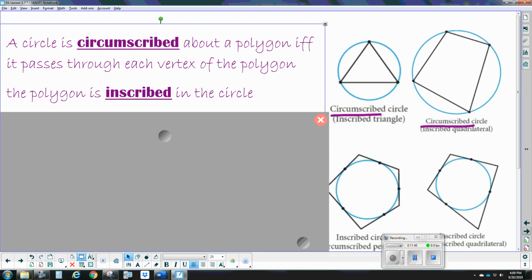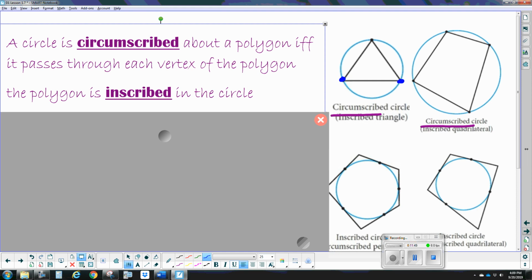That's how we'll say this. If and only if it passes through each vertex of the polygon. Okay, so you can see here, each vertex lies on the circle for both of these examples. If the circle is circumscribing the quadrilateral or the polygon, that means that polygon is inscribed within the circle.